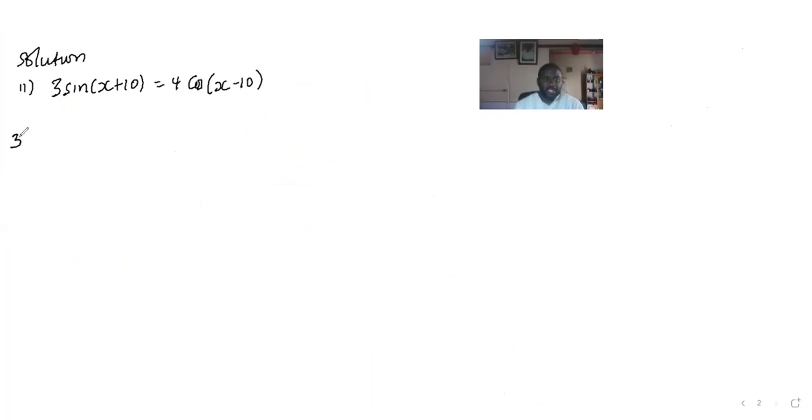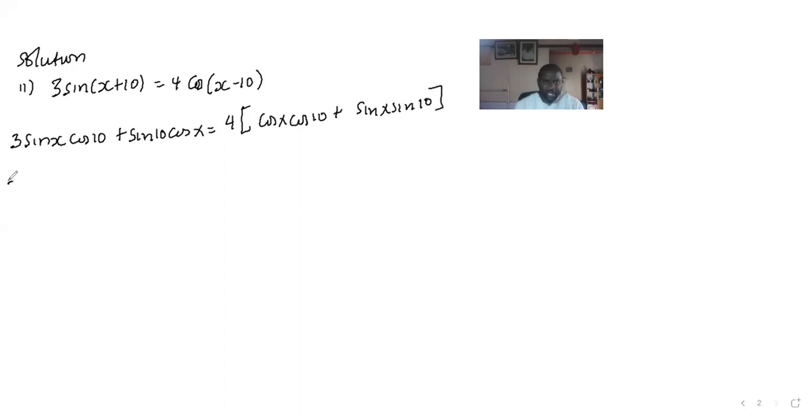When you expand, you'll get 3 into brackets sine x cos 10 plus sine 10 cos x is equal to 4 into brackets cos x cos 10 plus sine x sine 10. Collecting the like terms together, we shall have 3 cos of 10 minus 4 sine of 10.